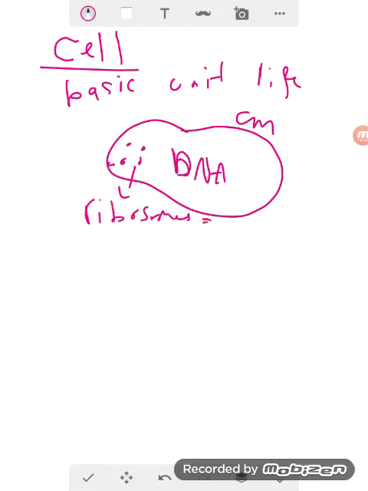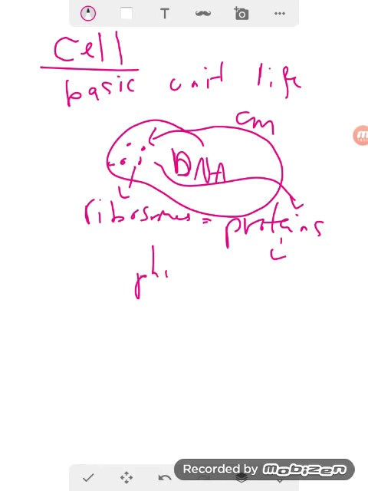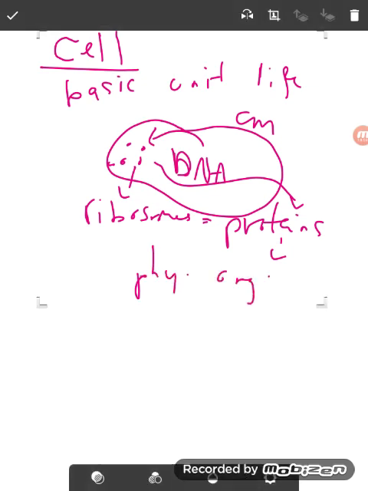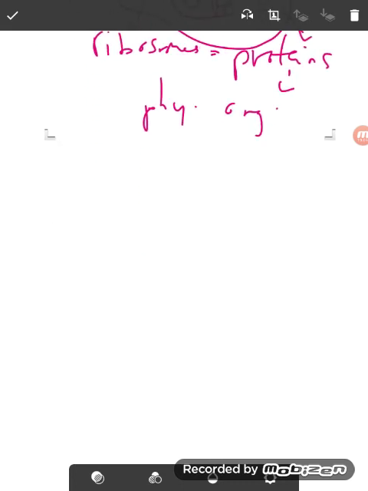Ribosomes, again, something important to note, make proteins, which is what the DNA codes for. So the DNA sends the message to the ribosomes. Ribosomes make the proteins, and then the protein is expressed as my physical organism. Okay, that's step 1.